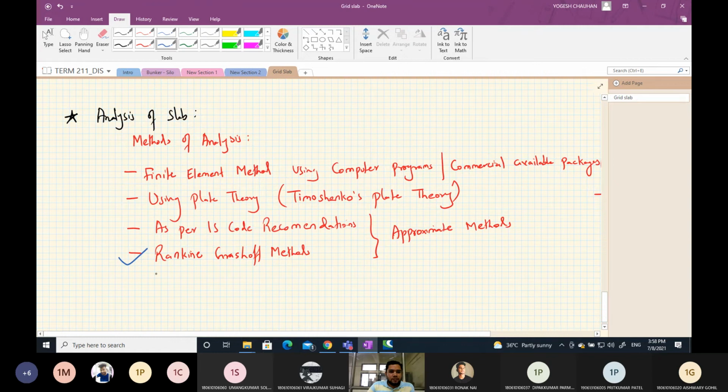So in the next class, we'll go through the IS codes specified for the analysis of grid slab, then the theory of Rankine-Grashof method, and then we'll take some examples of grid floors and analyze and design them using Rankine-Grashof method.